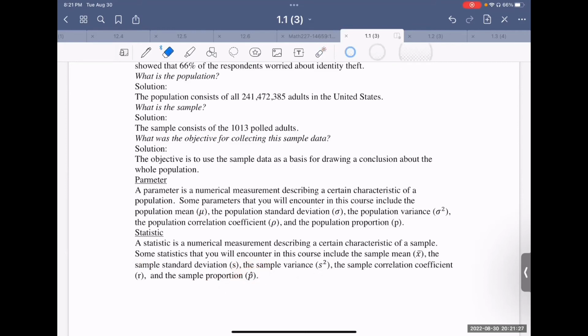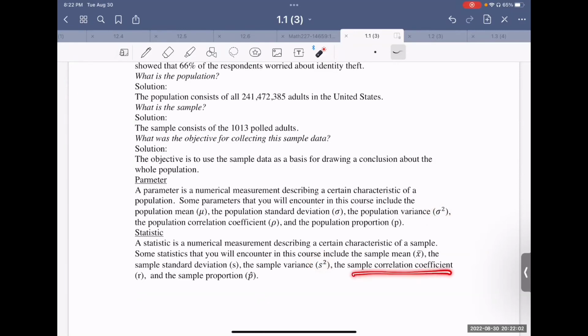One of the things that you should note is that, for population standard deviation, it is the Greek letter sigma. For a sample standard deviation, it is the letter s. The Greek letter for s is sigma. And for variance, the population variance is sigma squared. So again, sigma is the Greek letter for s.